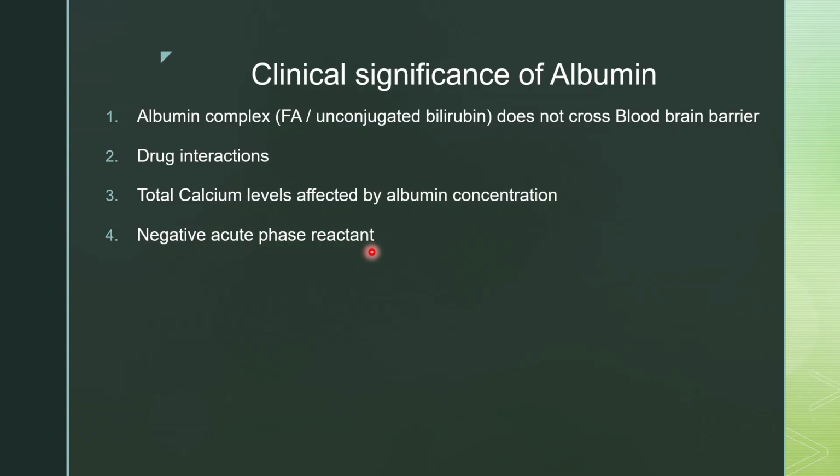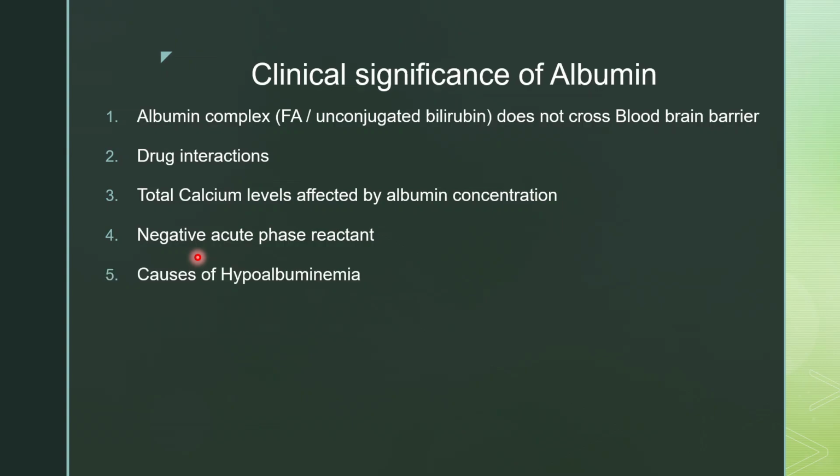So if a person is having inflammation, C-reactive protein is increased as a response to it. Now, albumin is a negative acute phase reactant. So whenever there is an acute inflammation, for example, fever, the albumin levels decrease. Albumin concentration goes down. So we should keep this in mind because under acute inflammatory conditions, the albumin levels are going to be a little low.